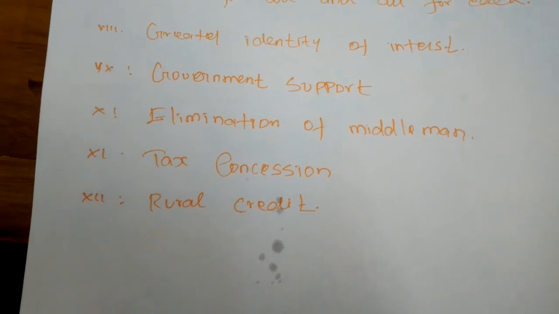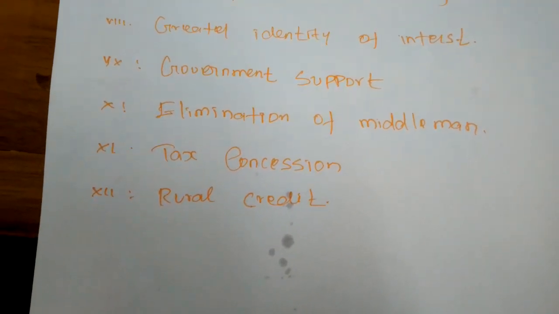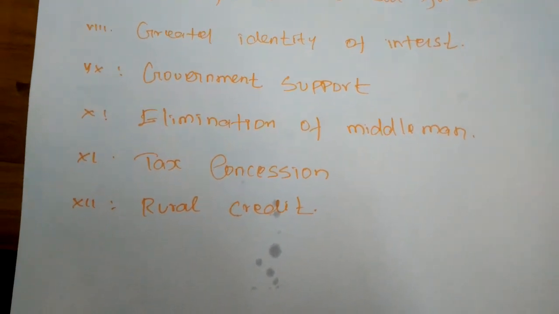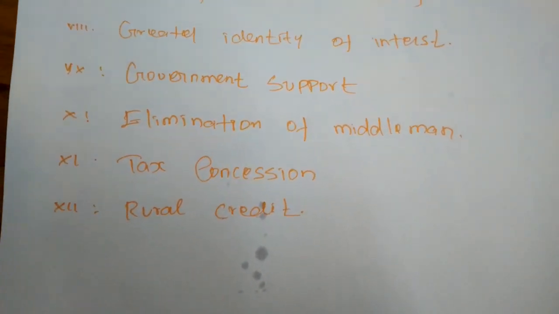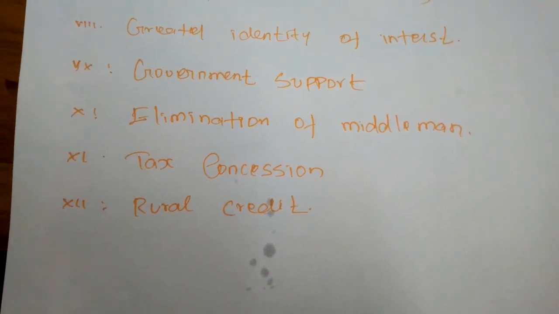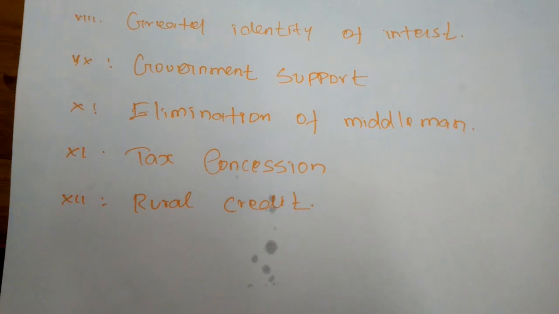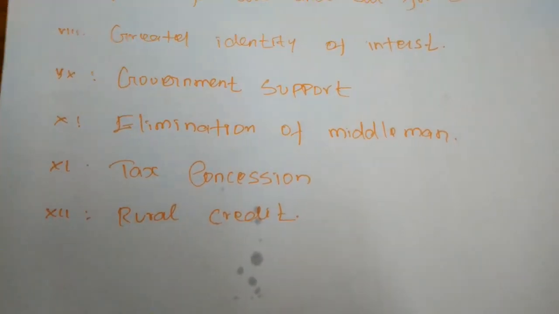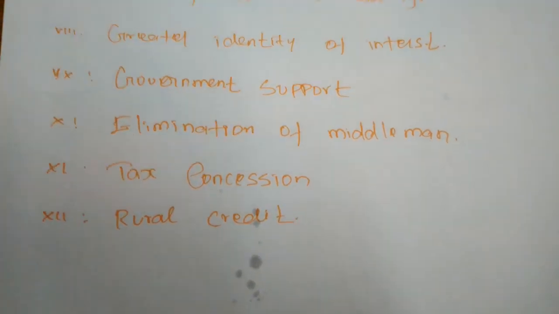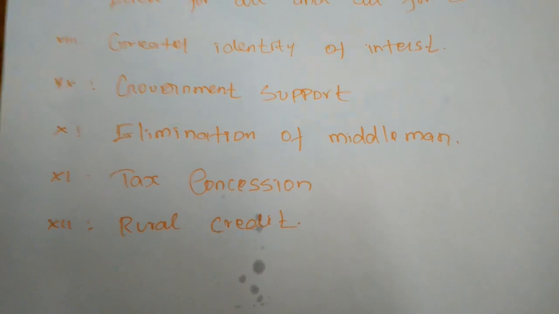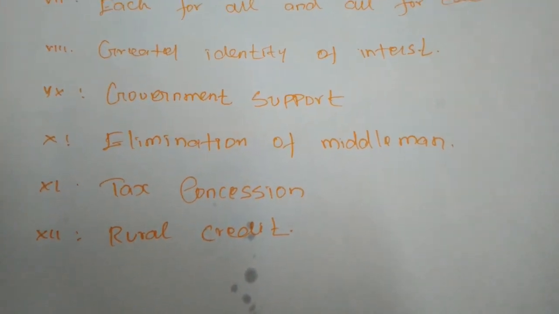Next, tax concession. To promote the cooperative movement, the government provides tax concession. For products produced in cooperative organizations, the tax is very low, or sometimes there is no tax. If any commodity is sold in the cooperative organization, that commodity will have no tax.